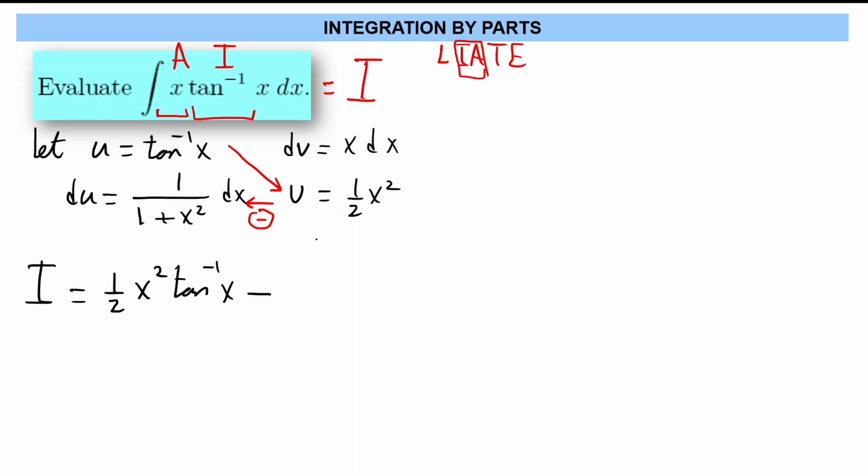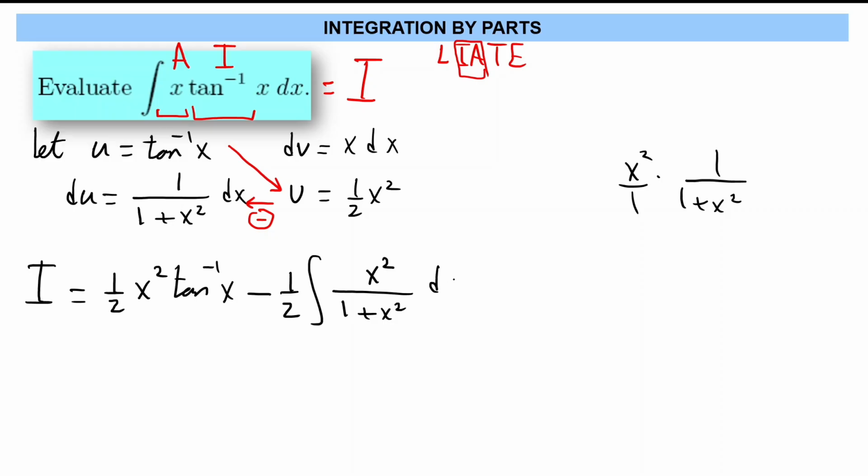No other negative. So I have half x squared times 1 over 1 plus x squared. I'll keep the half outside. And if you multiply these two, notice you have x squared times 1 over 1 plus x squared. These are like multiplying fractions, so I'll multiply numerator with numerator, denominator with denominator. So this is basically x squared over 1 plus x squared dx.